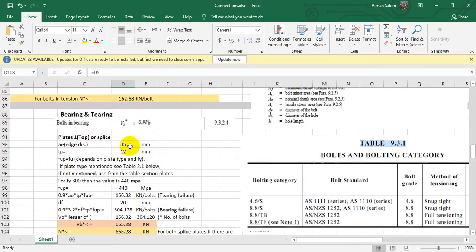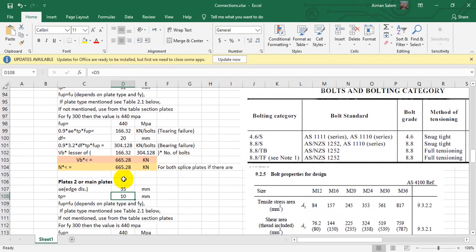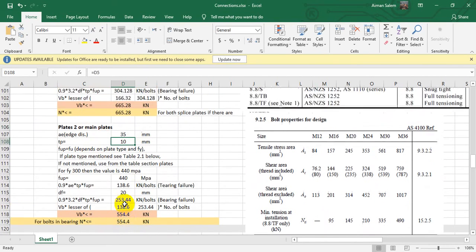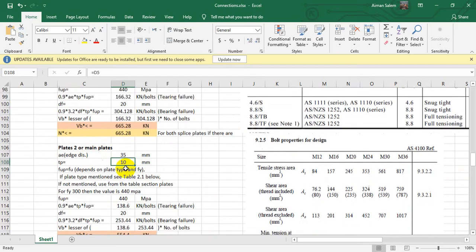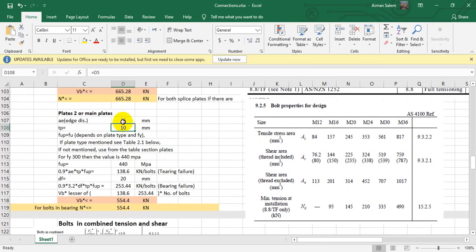As you can see here, when I did it for the two of them, the one having less thickness has less force. This is logical because the equation is linear. So we have 35 millimeters edge distance and 10 millimeters thickness of the plate.